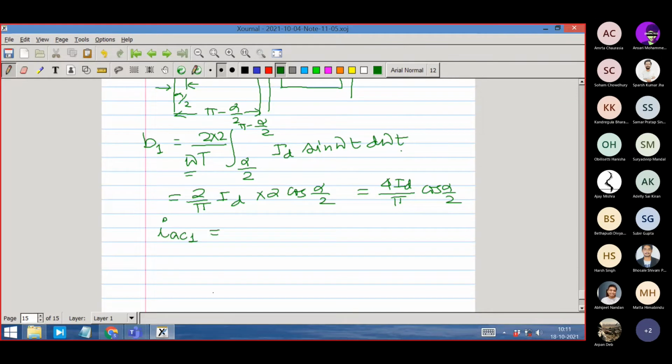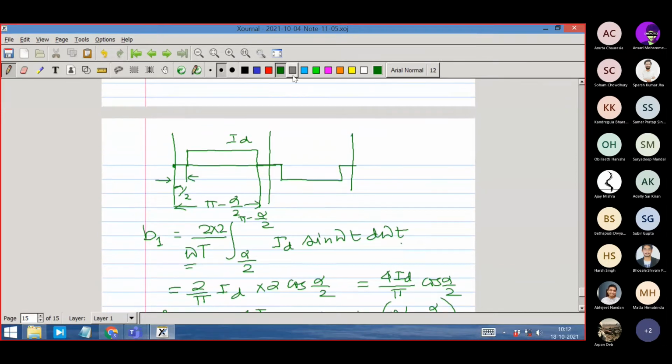I am writing the complete expression. Its magnitude will be 4 ID by pi into cos alpha by 2, into sine of omega t, and it has been shifted by alpha by 2 because its 0 is now here. This is the fundamental component of the current waveform.